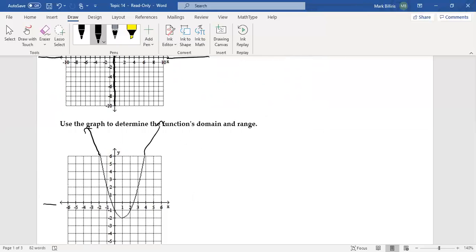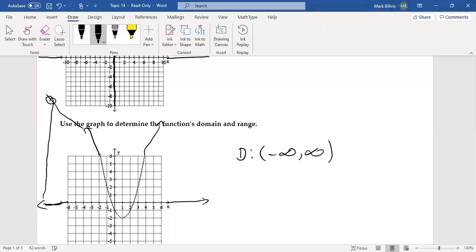If we're looking at our x-axis, there would be a point associated with any value to the left, and same thing as we move to the right. As this graph goes higher, the x values are getting higher as well. So what x values were used? All x values. So our domain would go from negative infinity to positive infinity.